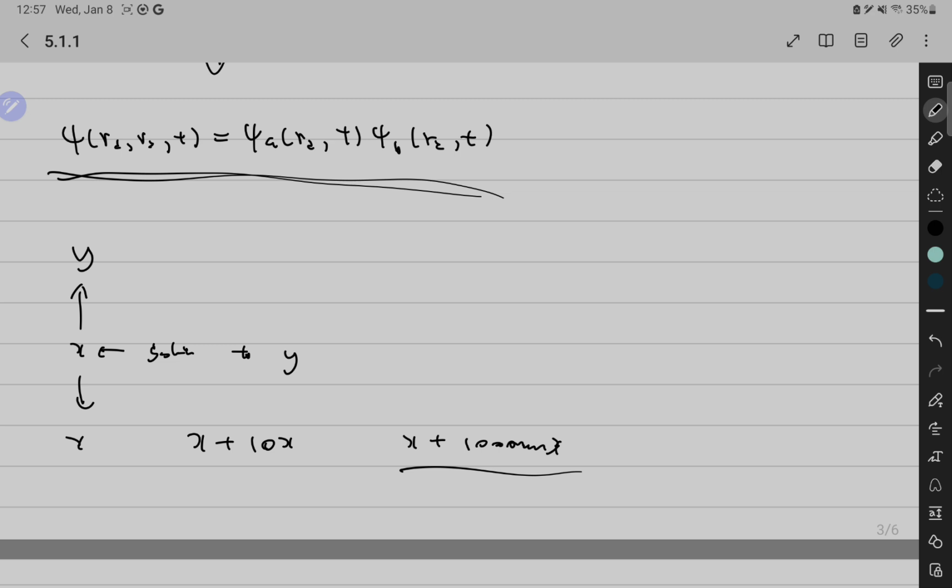So if x is a solution to y, then x itself is a solution, and x plus a multiple of itself is another solution. So that's what we mean in this case. Now you might ask, okay, so what does that imply?